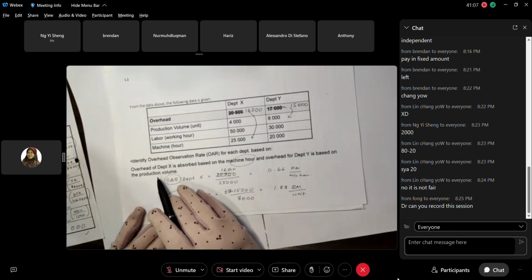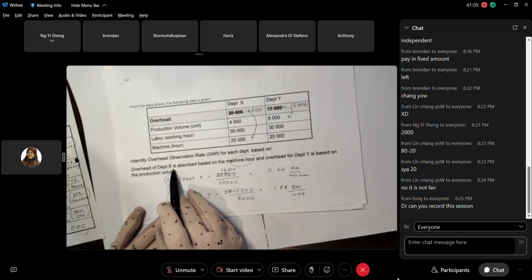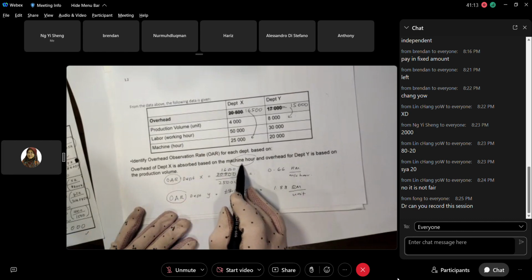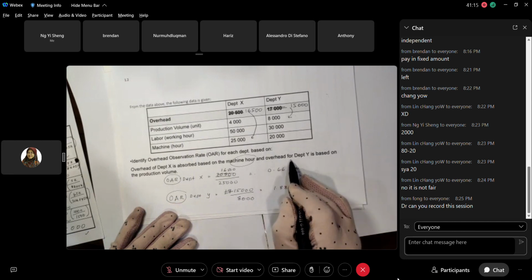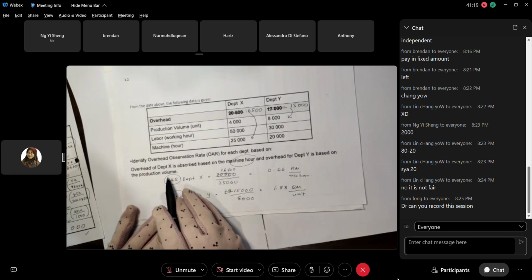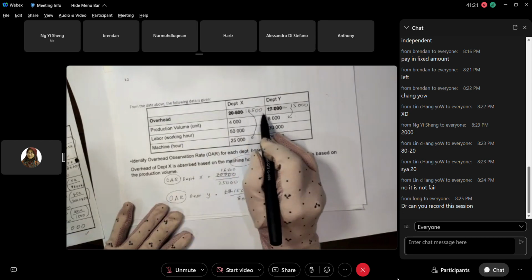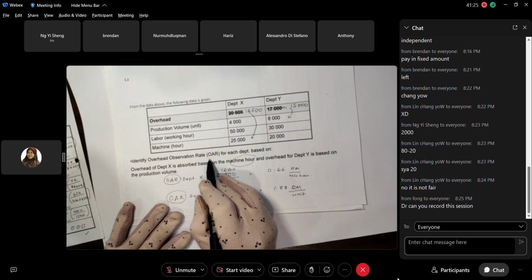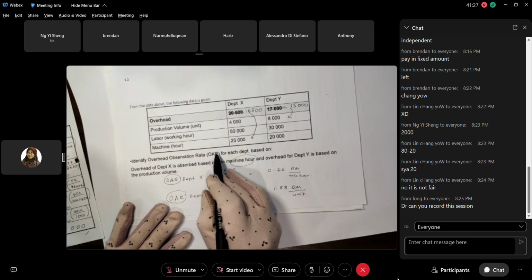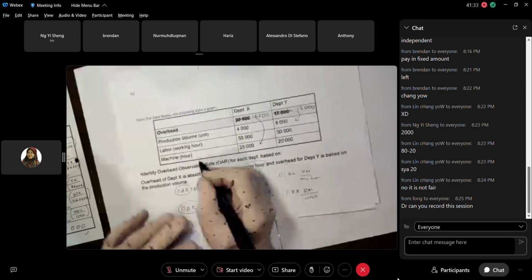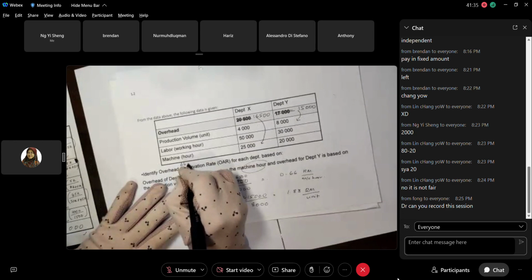It is mentioned that overhead of department X is absorbed based on the machine hour, and overhead for department Y is based on the production volume. That means you need to calculate the overhead absorption rate.